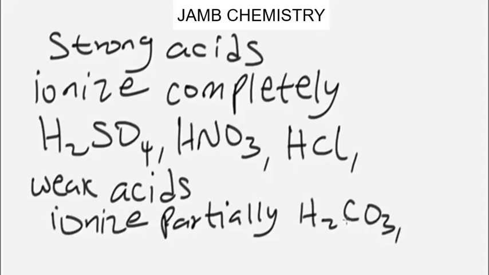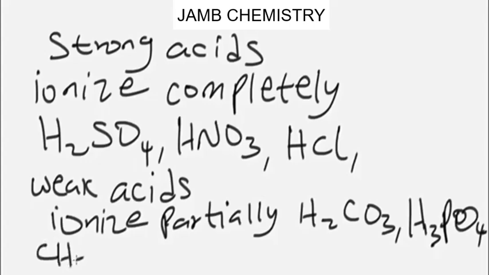Another example of a weak acid you have to know is tetraoxophosphate 5 acid. Another example is organic acids, which include ethanoic acid or acetic acid. We also have formic acid or methanoic acid.